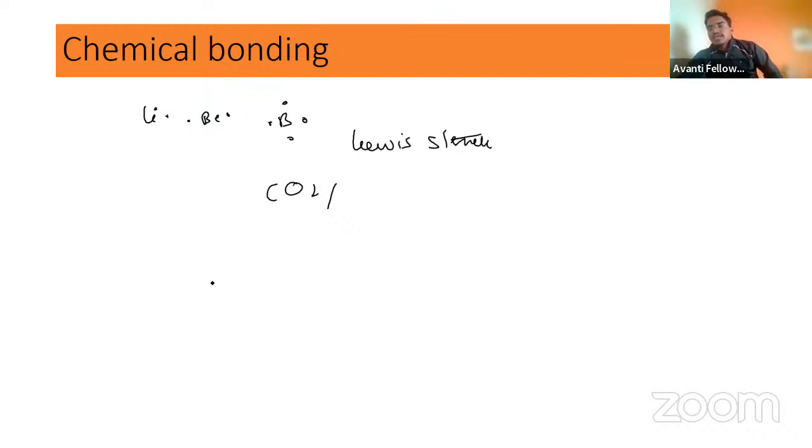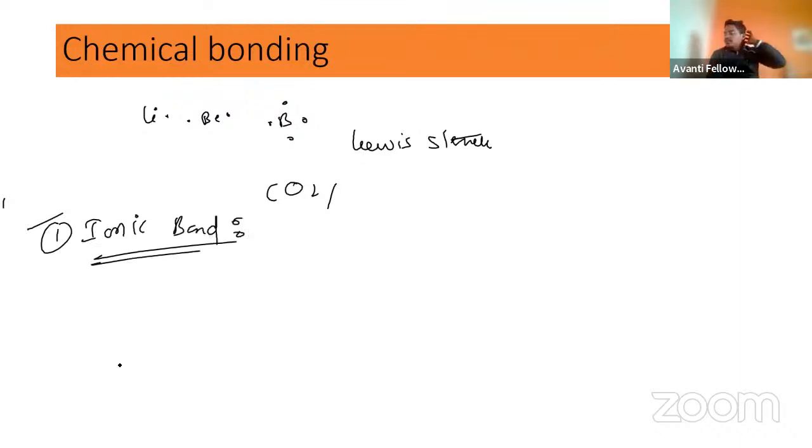Next, we are talking about the ionic bond. How is the ionic bond formed? The ionic bond is formed simply by the transfer of electrons. Let's suppose sodium, Na plus, and Cl minus.